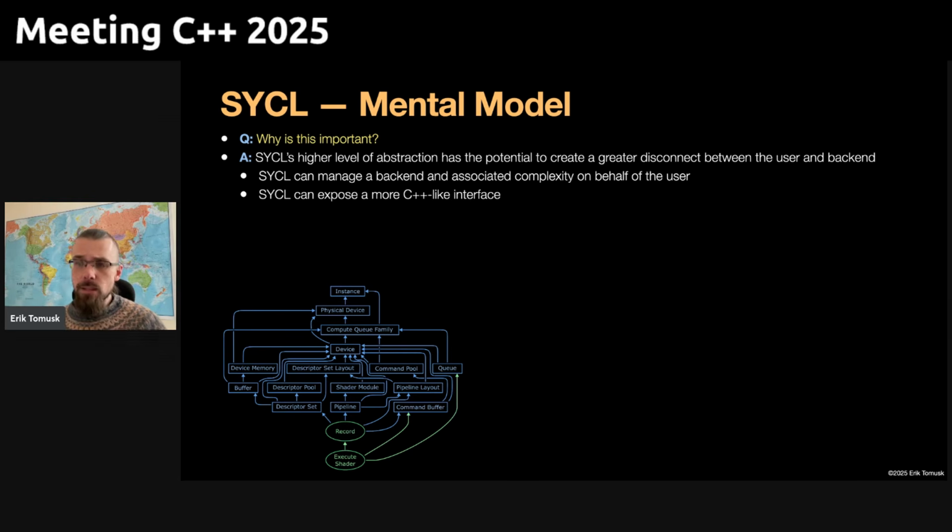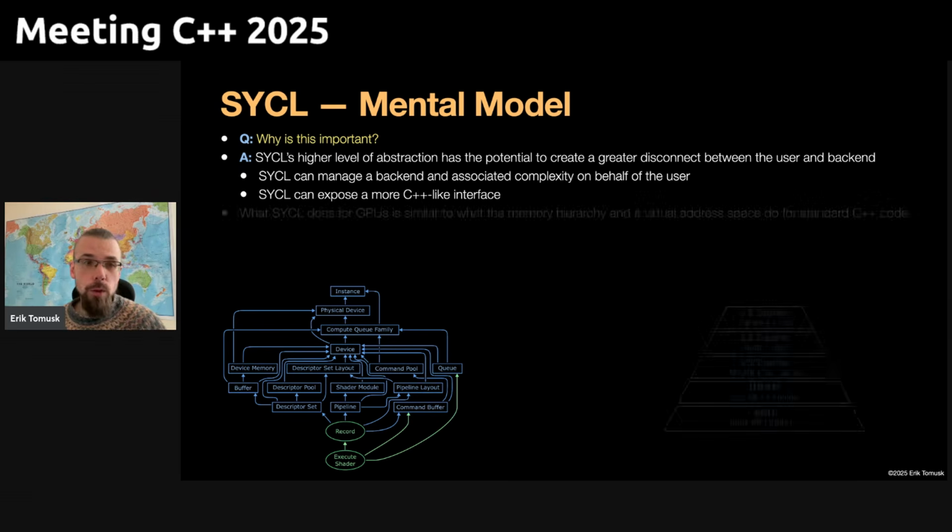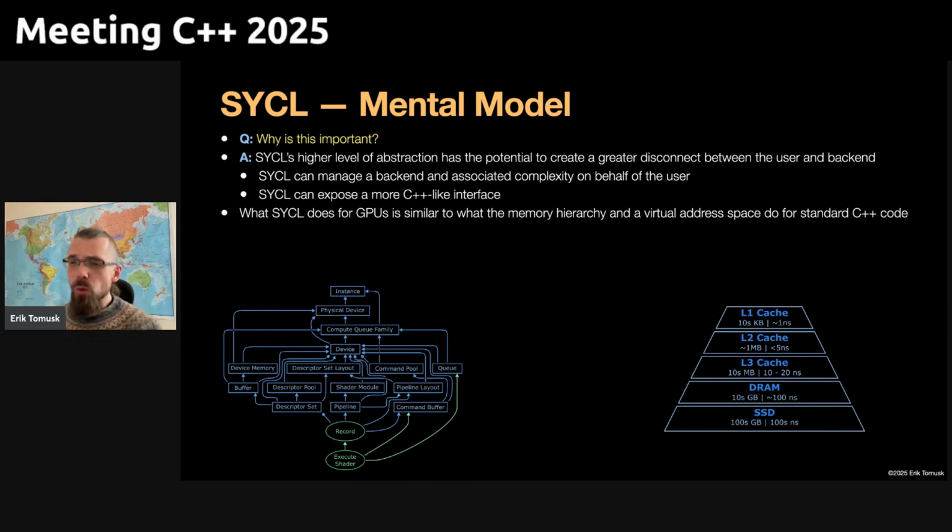And that means that SYCL has some ability to expose a more C++-like interface to the user. So if you don't think about it too much, you can kind of sort of think that what SYCL is doing is a little bit like virtual addressing and the memory hierarchy that happen in CPU code.